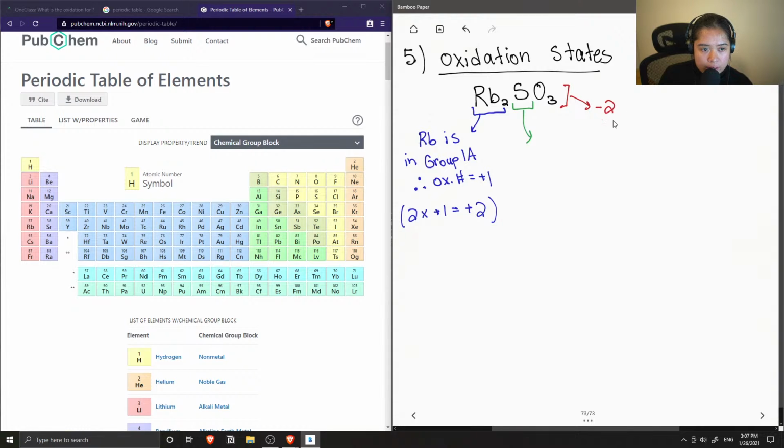And in the case of the oxygen, it has an oxidation state of -2, but we have 3 atoms of oxygen. So overall, it's -6. So if we look at our compound, we'll see that it is a neutral compound. So that means sulfur needs to be an oxidation state that is able to neutralize the -6 plus 2, so -4. So therefore, sulfur needs to have an oxidation state of +4.